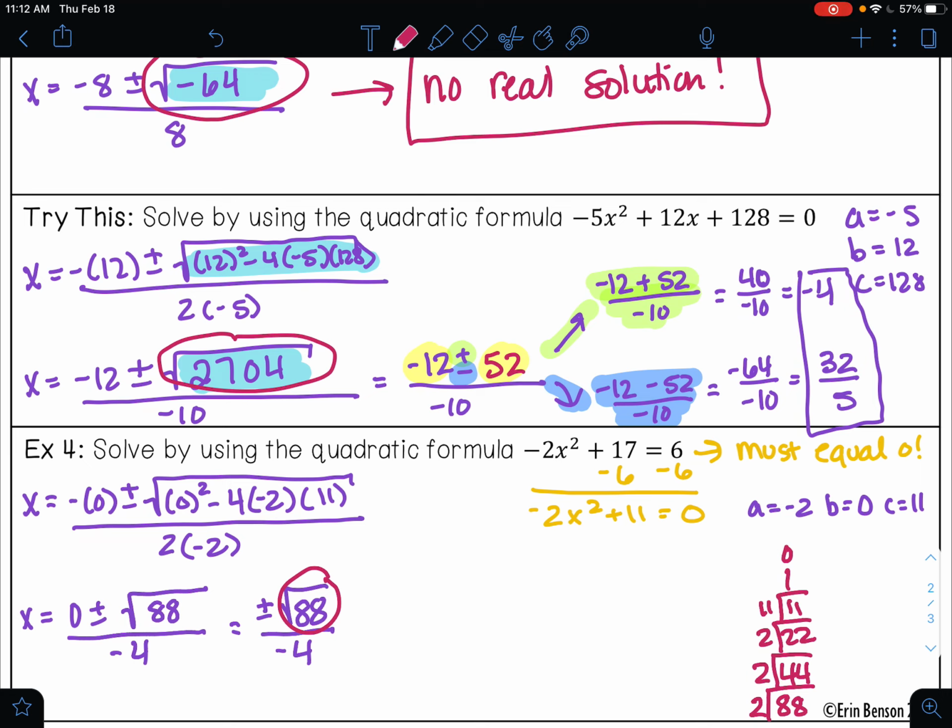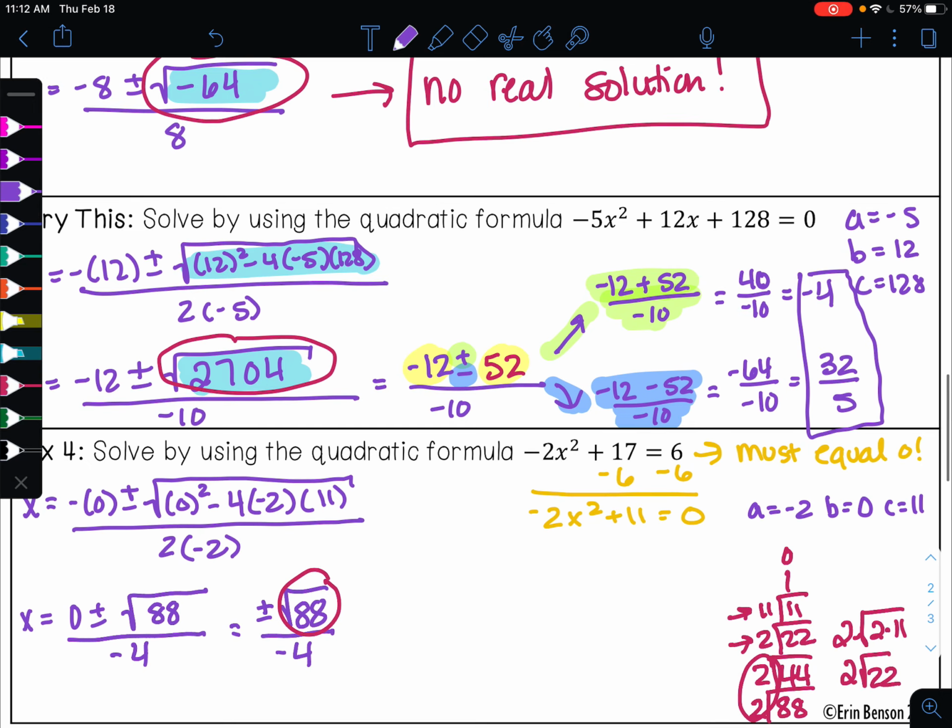So I'm looking for pairs of numbers to be able to leave the square root symbol. And so the 2's can leave. This 2 doesn't have a pair, and neither does this 11. So I multiply 2 by 11. So that gives me 2 square roots of 22. So what that means is that the square root of 88 simplifies to 2 square roots of 22.